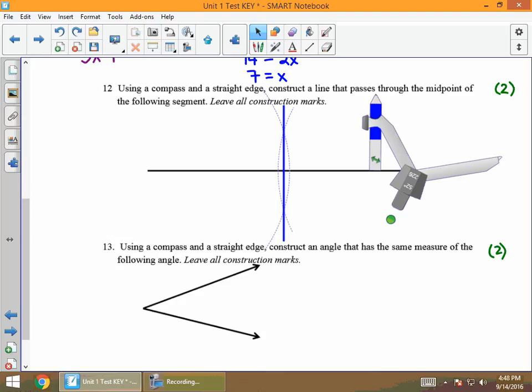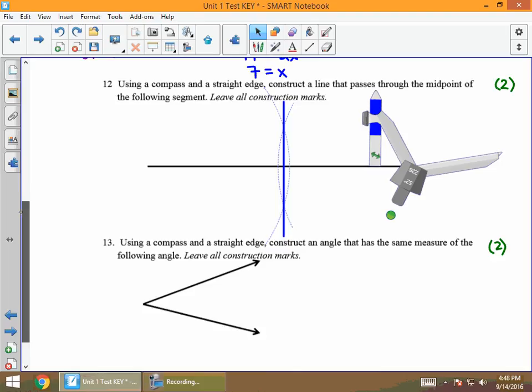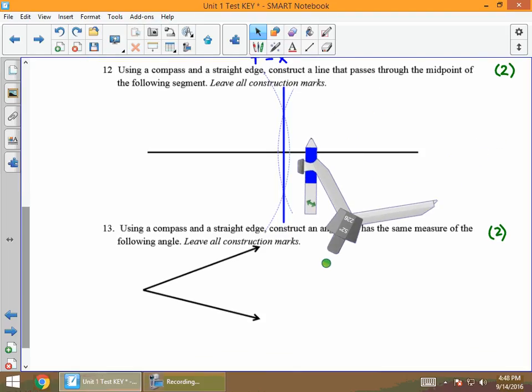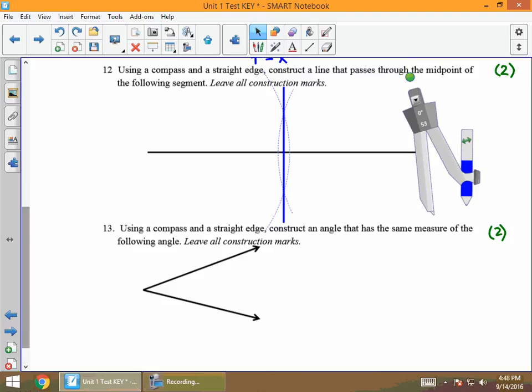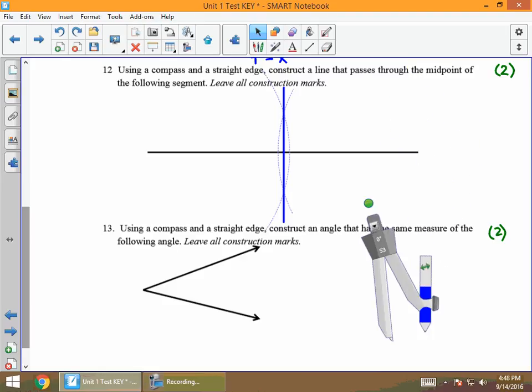But if it looked like you had the right process and you did everything right, you got 2 points. So you got 1 if I could see that you had an idea what you needed to do, but maybe you didn't connect them both. Or maybe you made some other mistake in there that made it look like it could have been another one of the constructions that we've done. So if that were the case, you may have lost a point somewhere on that one.